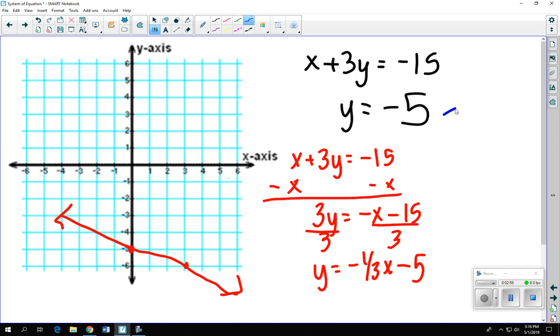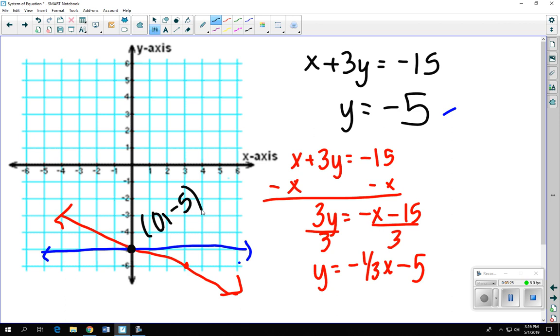This is going to be a horizontal line because I'm only looking to go through the y-axis. My slope for this is 0. And I will notice that my intersection point is actually on the y-axis. I'm going to have the point 0, negative 5 as my solution. When we plug this into our equations, we will notice it checks itself out.